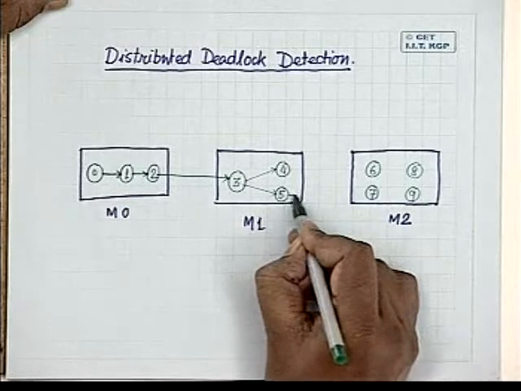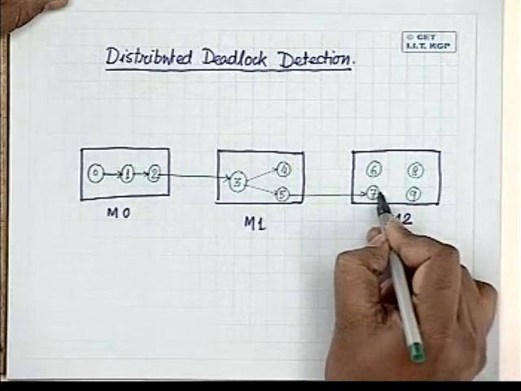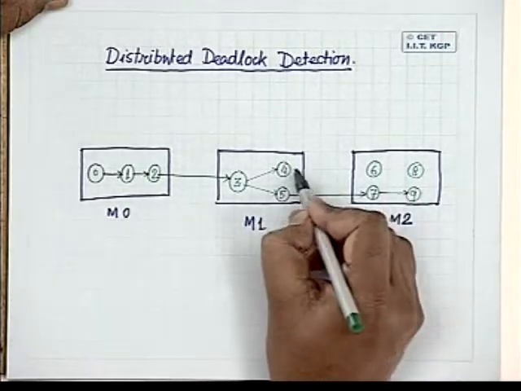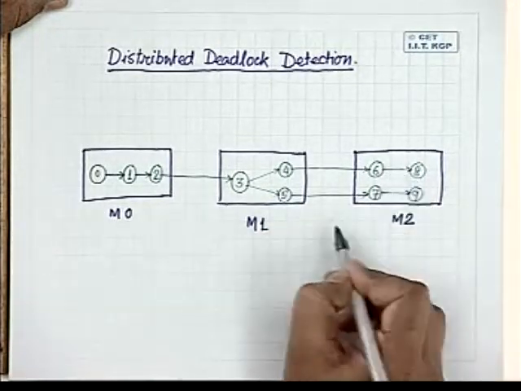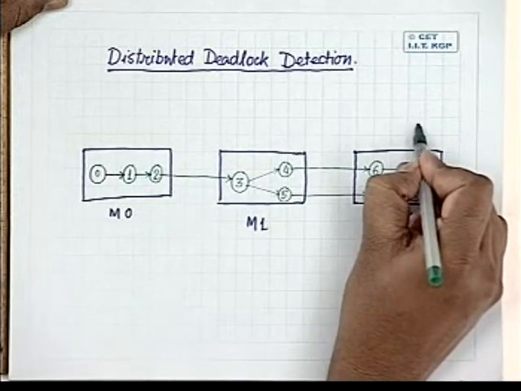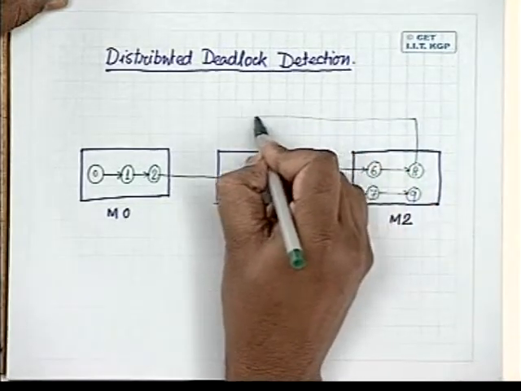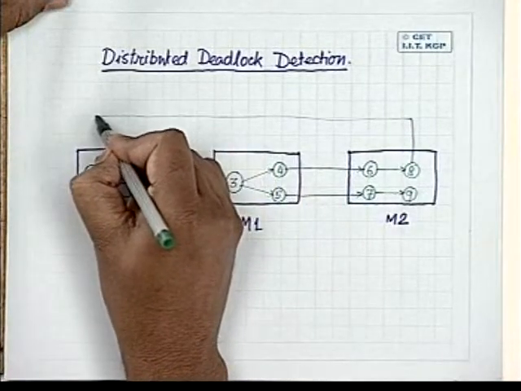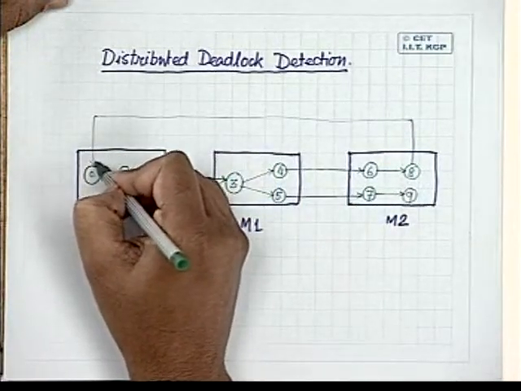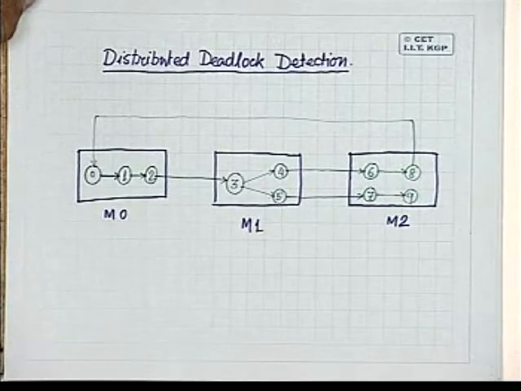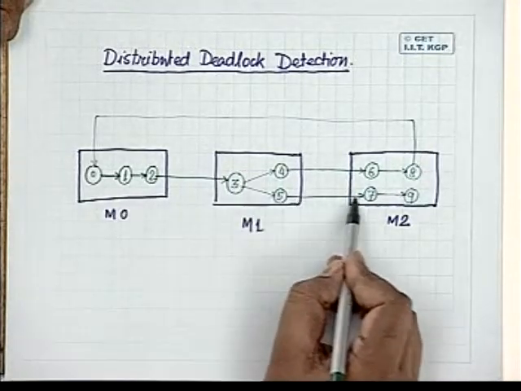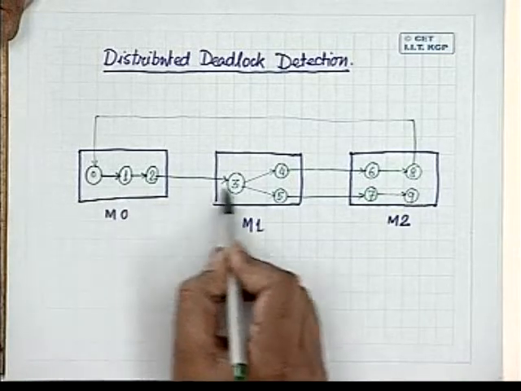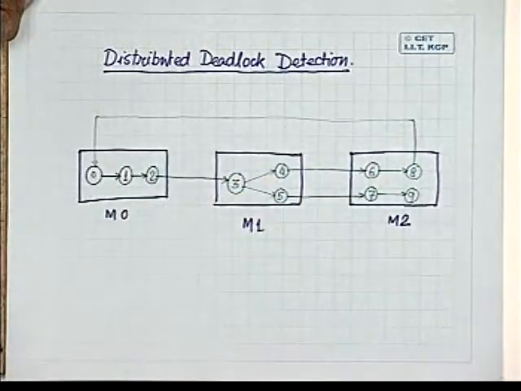Maybe process 5 is waiting for process 7, process 7 is waiting for process 9, process 4 is waiting for process 6, process 6 is waiting for process 8, and process 8 is waiting for process 0. If you analyze this graph, you will find that this part does not lead to deadlock, whereas this part leads to a deadlock.